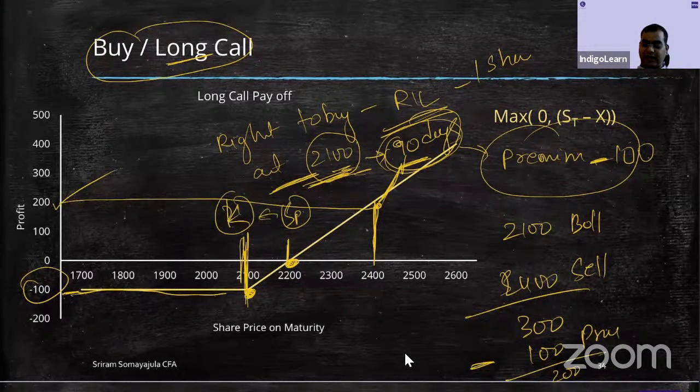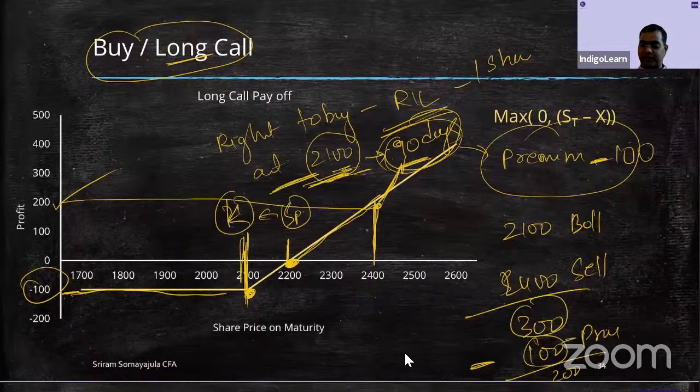But this gain is 100 rupees, and I've already paid you 100 rupees as premium. So my actual gain or loss on that day is 0, right? But as the price keeps on increasing, my total profit keeps increasing. So premium is your cost. Your profit is this. This is the net profit.